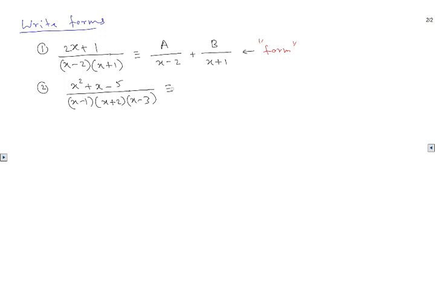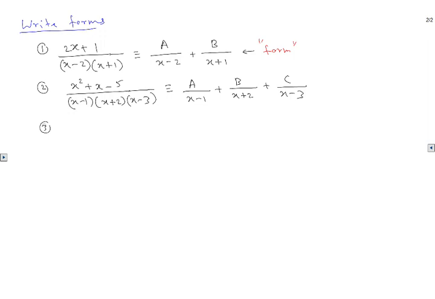Here we're going to see three linear factors, so we need three terms: A over x minus 1, B over x plus 2, and C over x minus 3. The goal is to find A, B, C, and we can discuss that in the next one. It's very easy. So this is what happens if you have one linear factor and two more linear factors, three different factors.